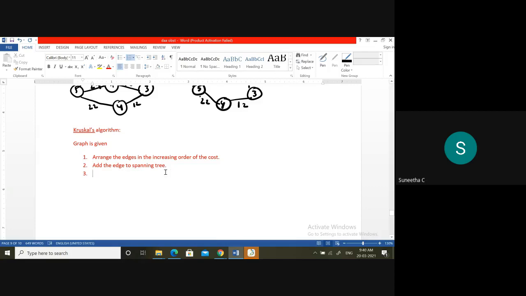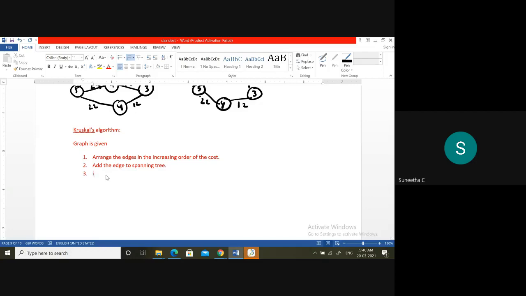We have to repeat the procedure of adding the edges to the spanning tree one by one.